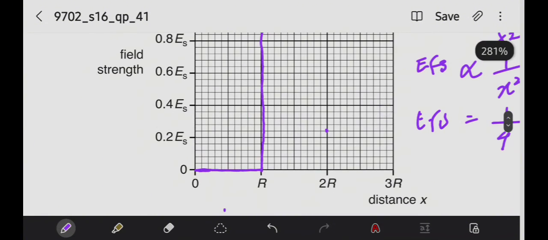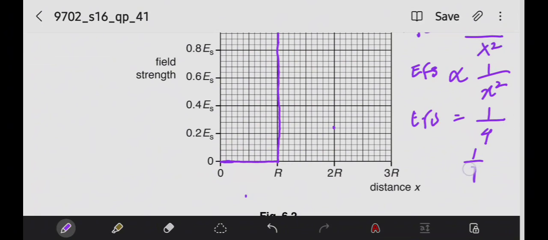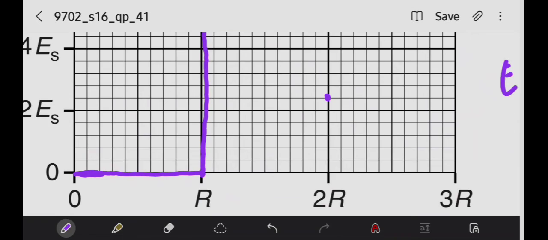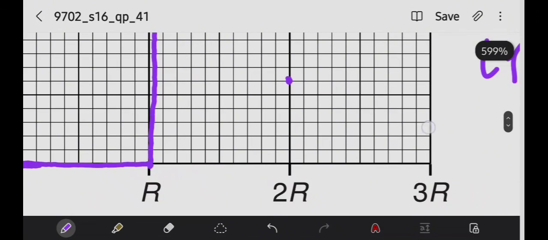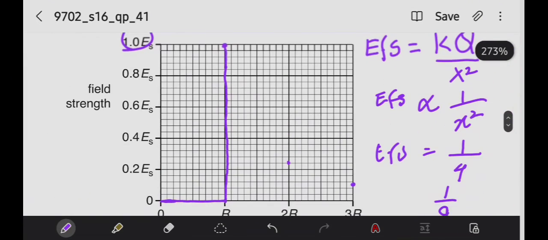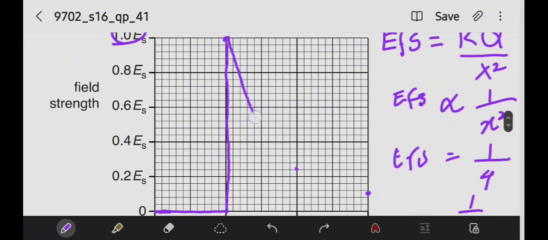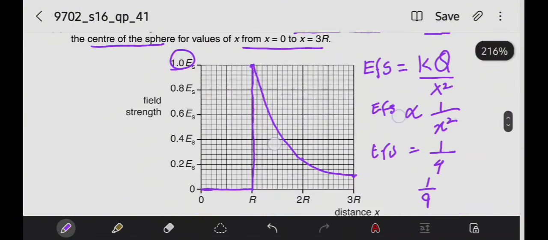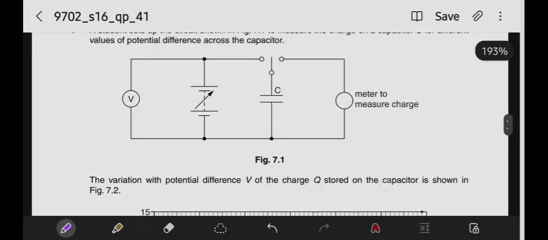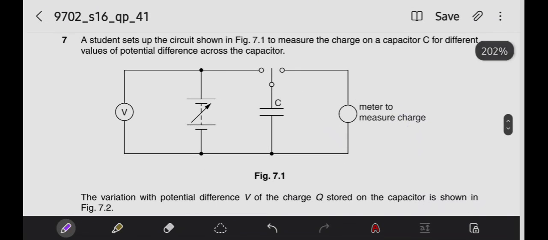And for 3r, which would become 1 over 9, that would be 0.11. So at 3r, it's 0.11. So that would be somewhere here. Just draw the curve now. That's it.